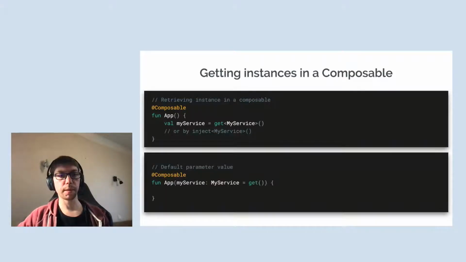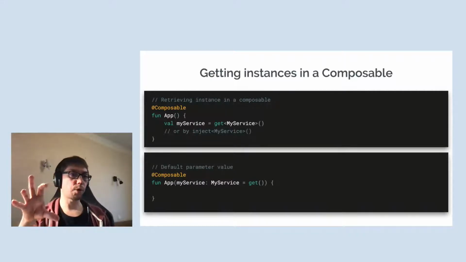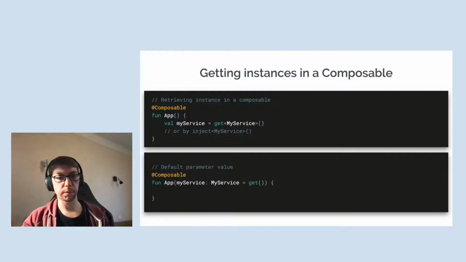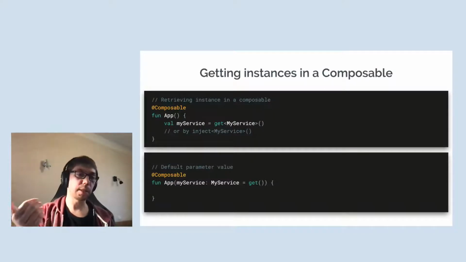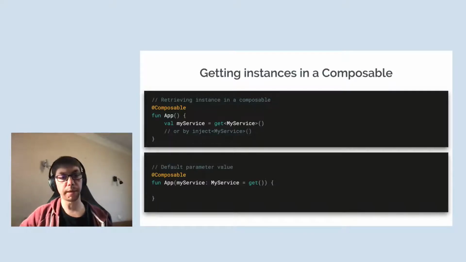And also what can be done here is that inside your composable function, we have default parameters in Kotlin. Then you can also specify get here to resolve a dependency by default, but that also means that this composable can be reused. If you want to enforce another value of your dependency here, the myService parameter, then you can. You are not forced to use Koin.